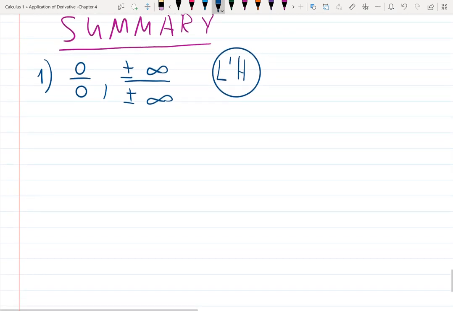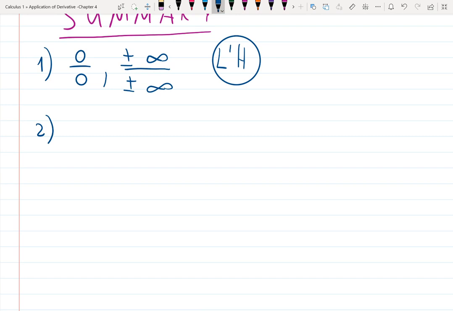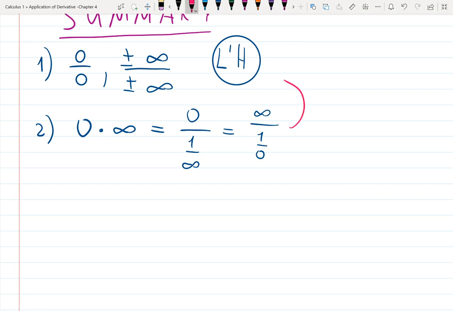When you have a 0 times infinity case in any order, you write it down as 0 over 1 over infinity or infinity over 1 over 0, and then this takes you to L'Hopital's rule, because now it becomes infinity over infinity or 0 over 0. So use L'Hopital's rule now.